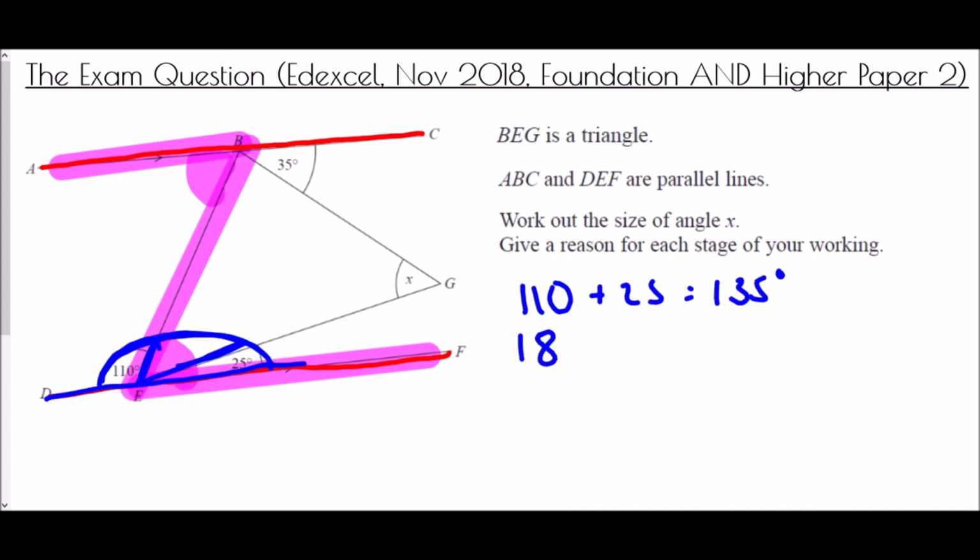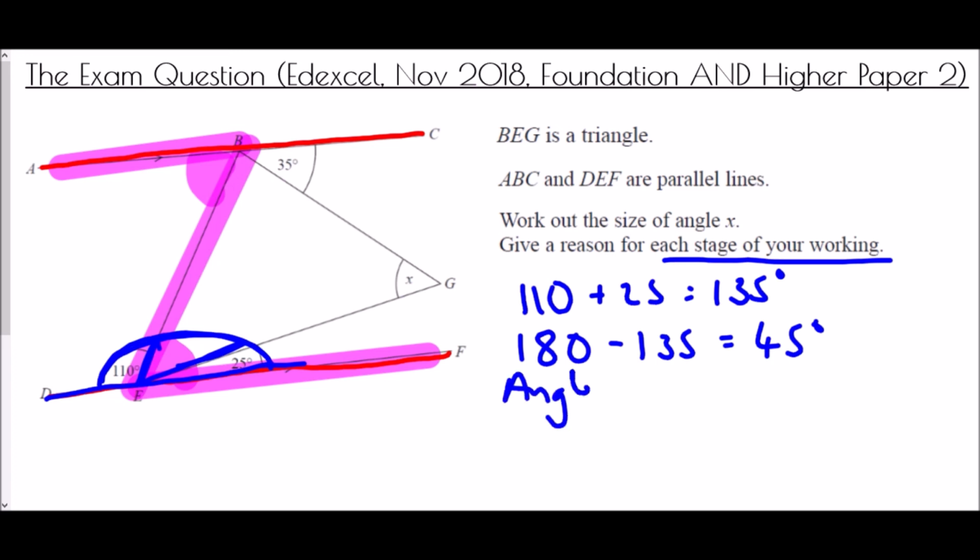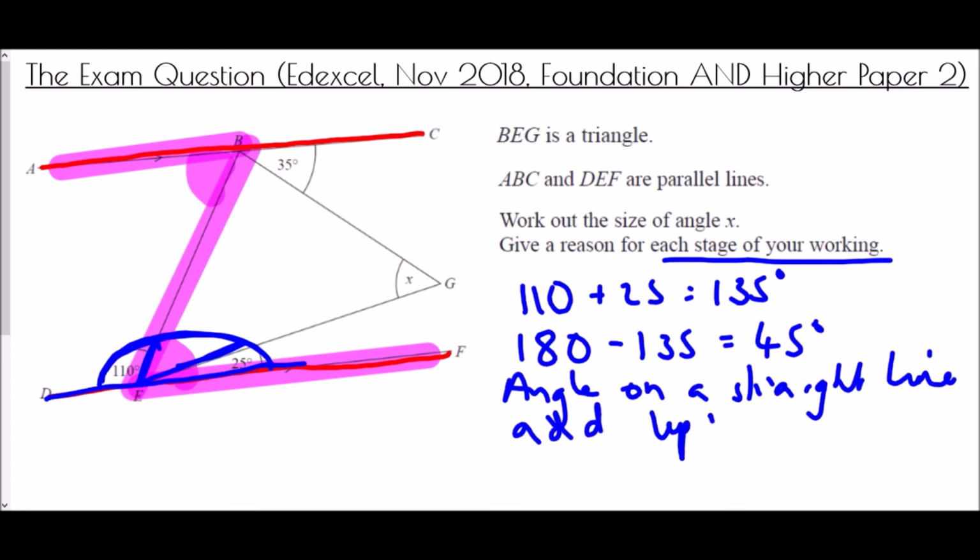And so let's subtract that from 180 and we get 45 degrees. Now, this is a stage of my working, so I need a reason at this point. And therefore, I'm going to write down angles on a straight line add up to 180 degrees, and so this is telling me that this angle here is 45.